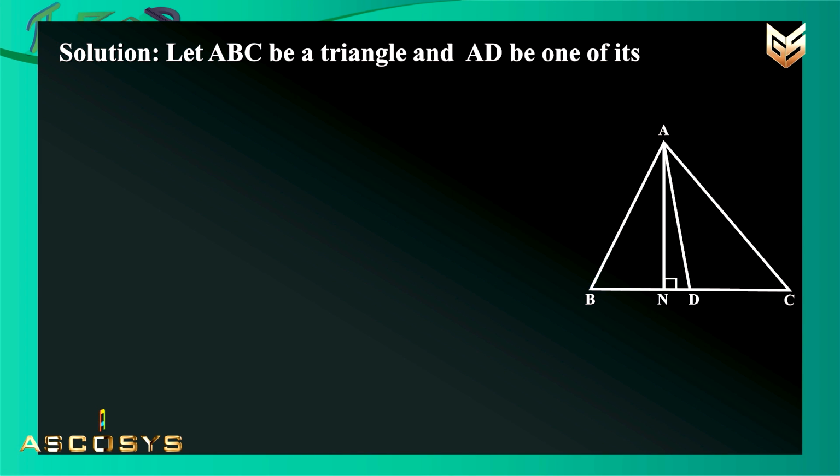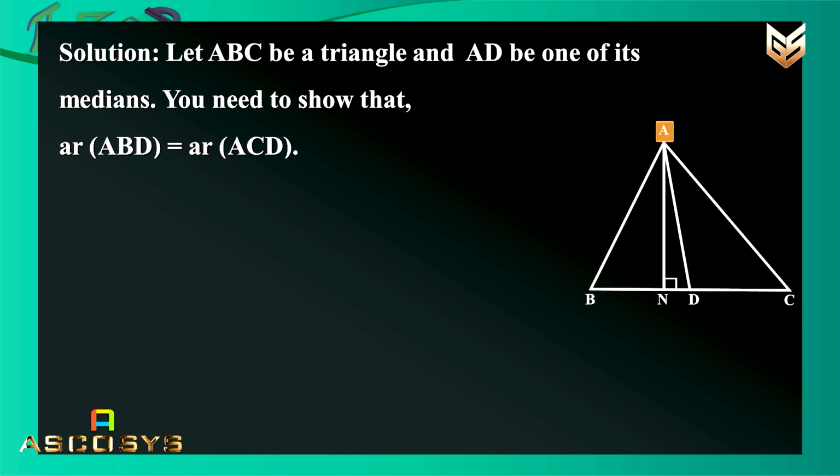The solution is like this. As you can see the figure here. Now let ABC be a triangle with AD median. Now you need to prove that area of ABD is equal to area of ACD. First of all, AN perpendicular to BC is drawn.